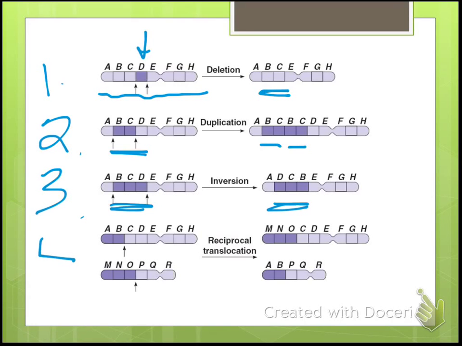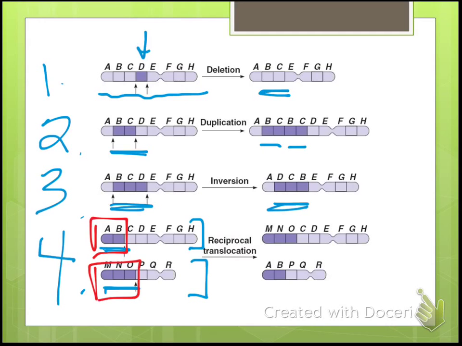Our fourth one is called translocation. In this case, we're looking at 2 chromosomes at a time. So we have one here, and we have one here. We have the areas highlighted, AB on one and MNO on the other. After translocation happens, this block is popping off of this one and this block is popping off of this one, and they're switching.